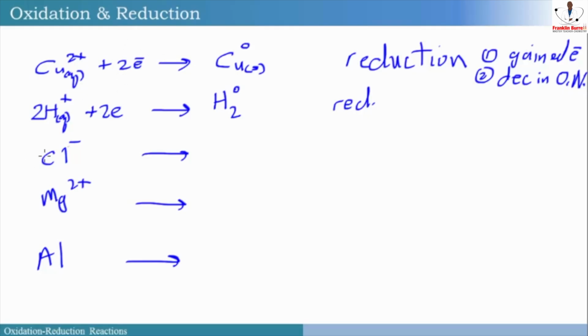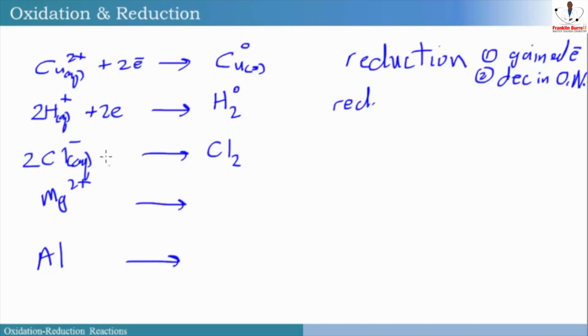Let's look at Cl minus. Cl minus is aqueous. And Cl minus forms Cl2. So let's balance this mass here. So we need 2 there. Now, what do I need to do to go from 2 minus to 0?